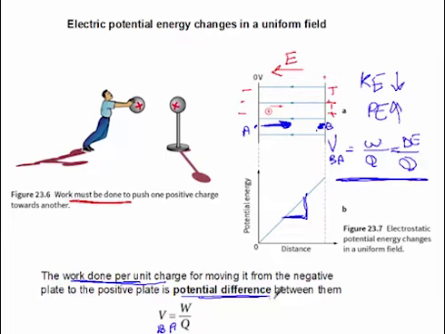So this is the potential difference between them, V between A and B. And this is the change in energy, work. Okay, so here we are defining the potential difference between 2 points on plate A and B.